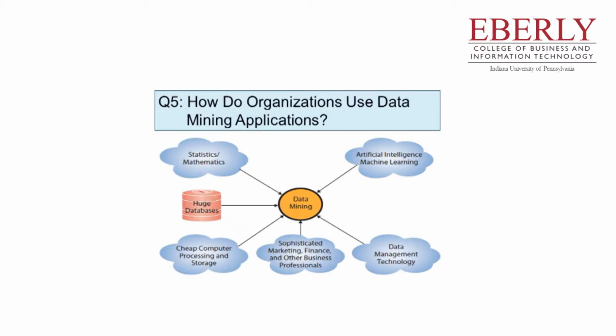As a result, data mining terminology is an odd blend from these different disciplines. Sometimes people use the term knowledge discovery in databases, or KDD, as a synonym for data mining.